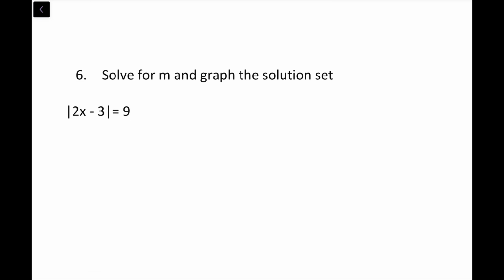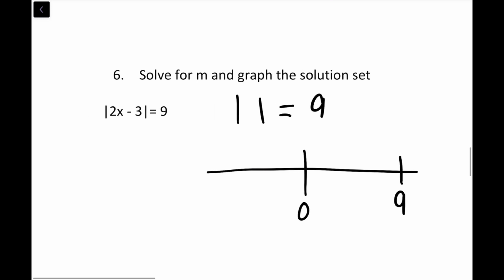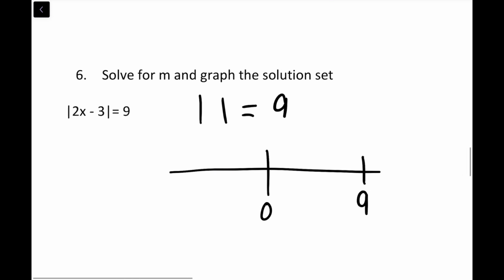For number 6, we have an absolute value problem. So we want to think about what could possibly be within the absolute value bars to equal 9. So what is 9 spaces away from 0? Well, I know that if I add 9 to 0, that's 9 spaces away. And if I subtract 9 from 0, that's also 9 spaces away.